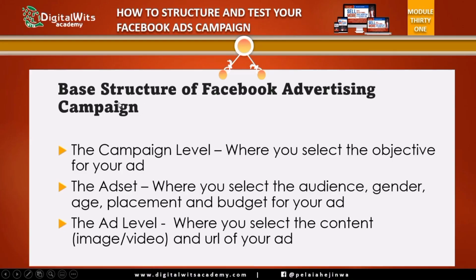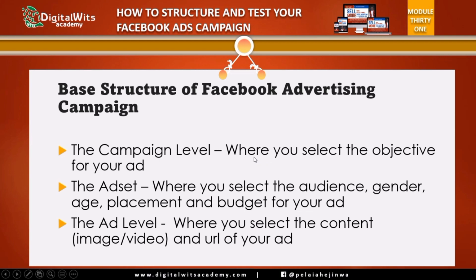All right, so you want to understand that the base structure of a Facebook advertising campaign is divided into 3 levels. We have the campaign level, where you select the objective of your ad. What do you want your ad to achieve? Do you want it to give you conversions, like people buying something from your website, or do you want to drive traffic to WhatsApp?